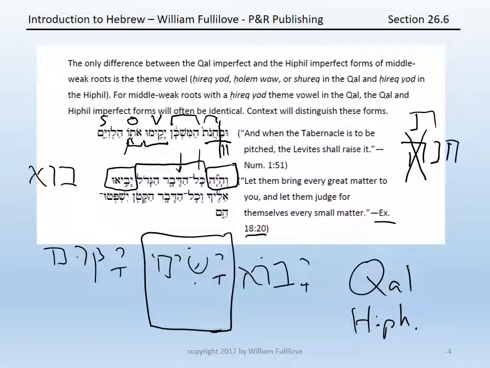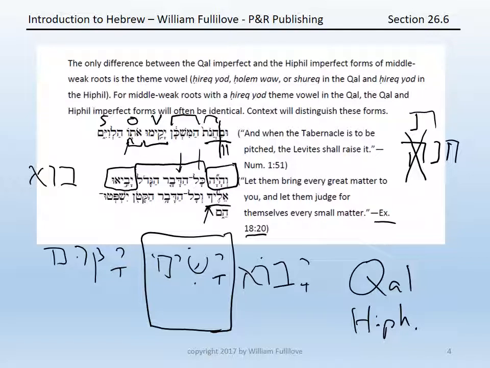Bo in the cal is to come or enter, so in the hiphil it's to make come, in other words, to bring. Let them bring every great matter, eleka, el, the preposition, to, plus ka, you, second masculine singular.